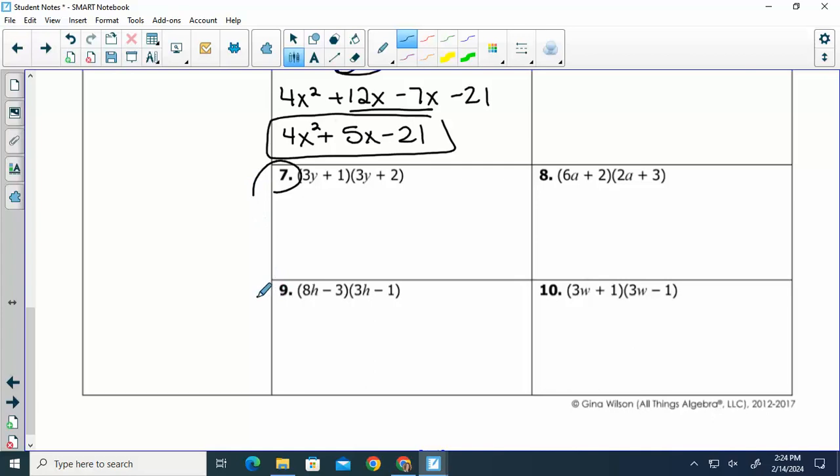I want you guys to try 7 and 9 for me. So, if we multiply 3y times 3y, 9y squared. 3y times 2, 6y. Plus 1 times 3y, 3y. Plus 2. So we get 9y squared plus 9y plus 2.